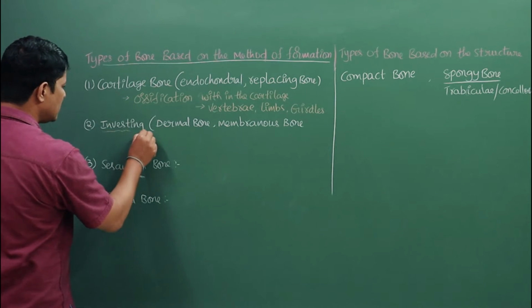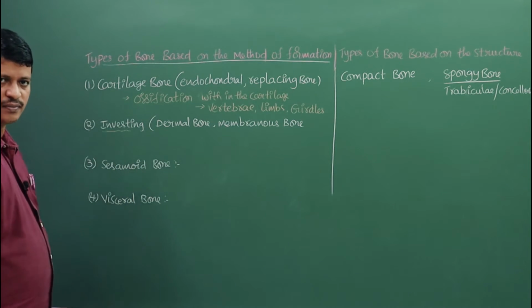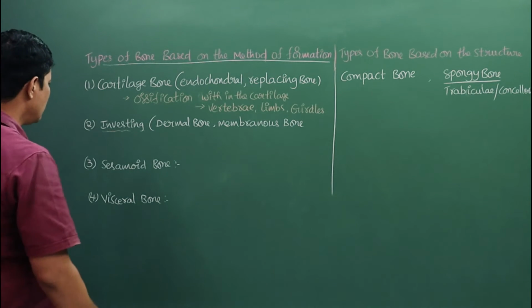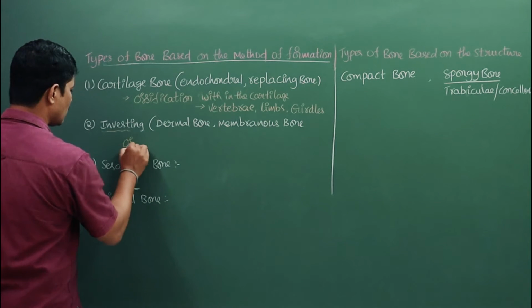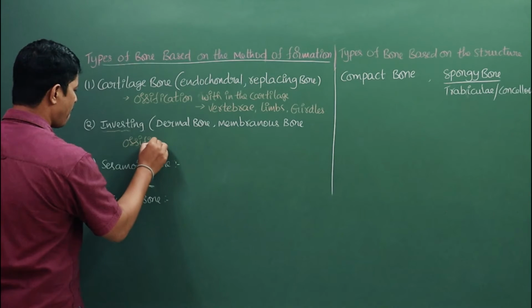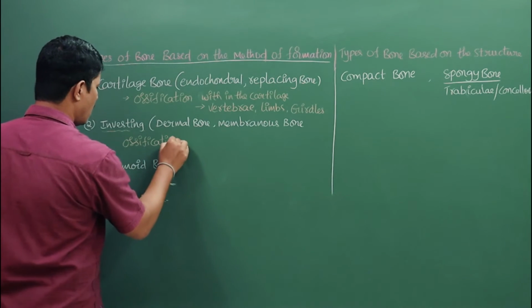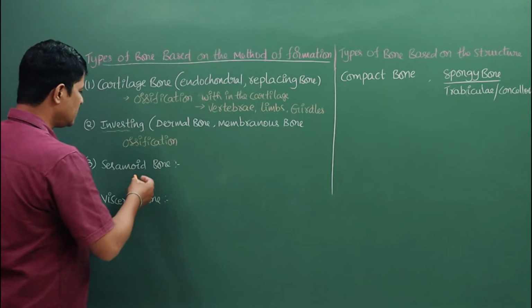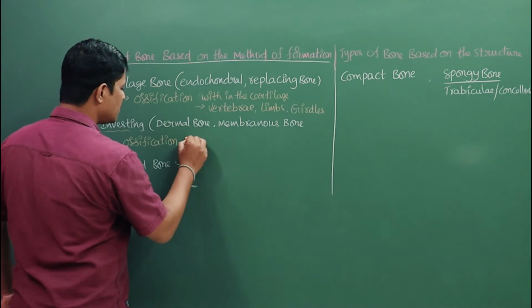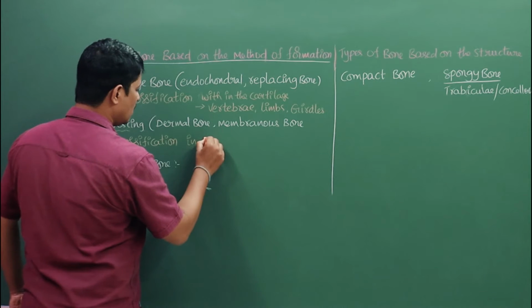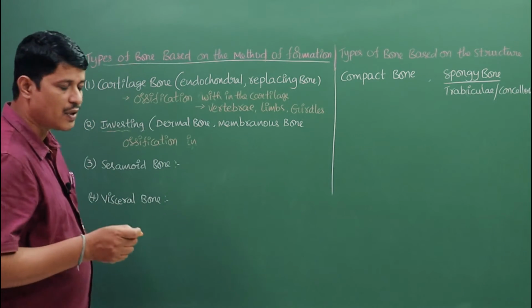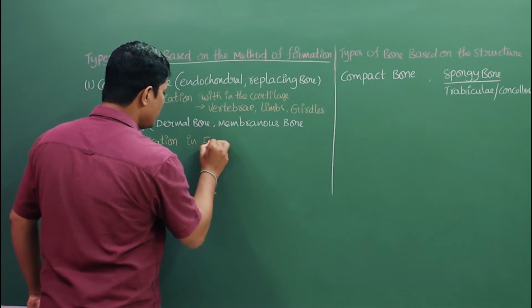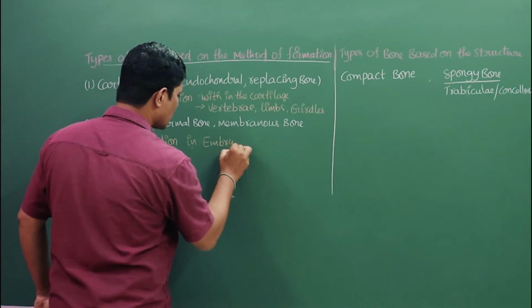Now we are going to discuss the investing bones. Investing bones form by ossification in the embryonic mesenchyme.